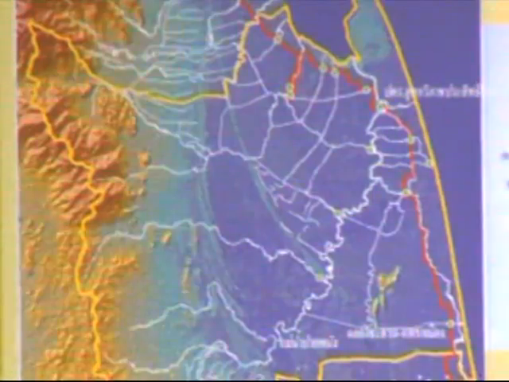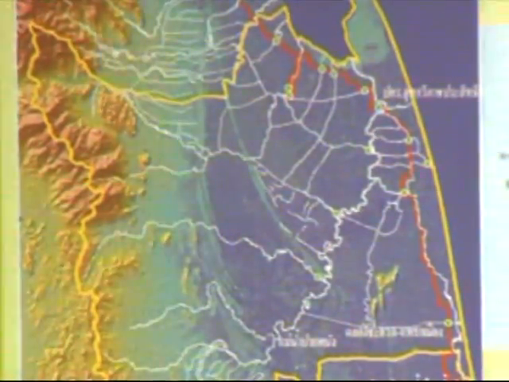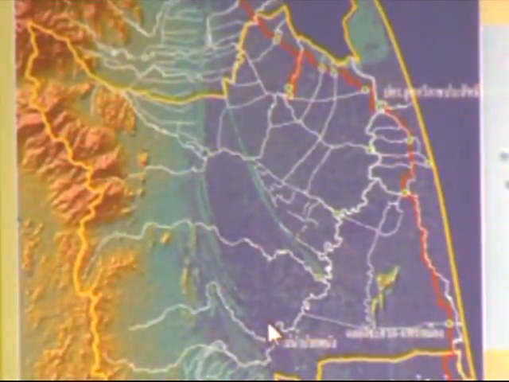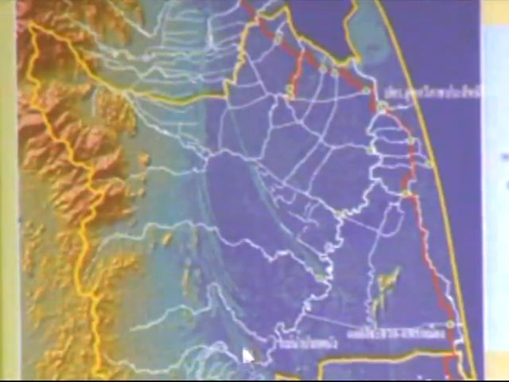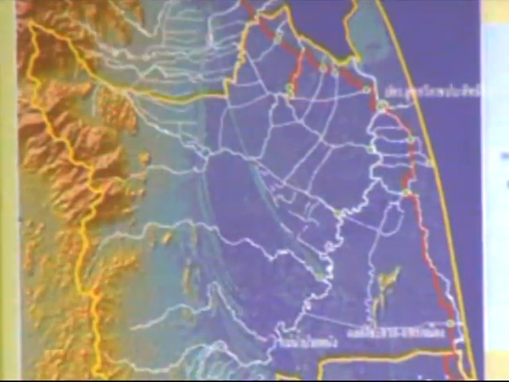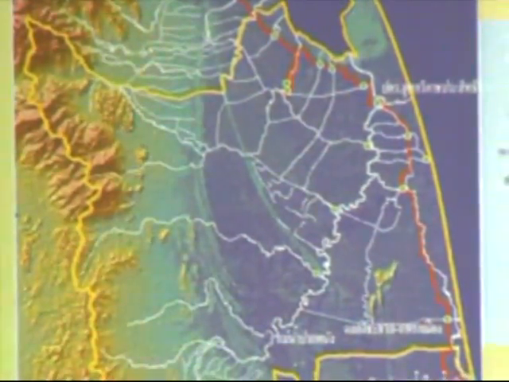The southern part of the middle basin is an area of peat swamp or wetland characterized by thick deposits of organic peat materials over the potentially acid-sulfate marine clay zones.